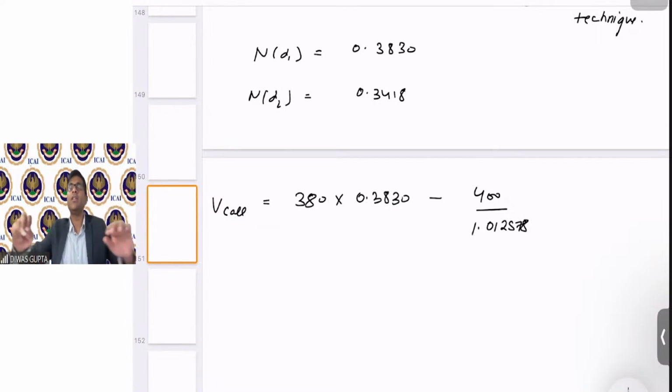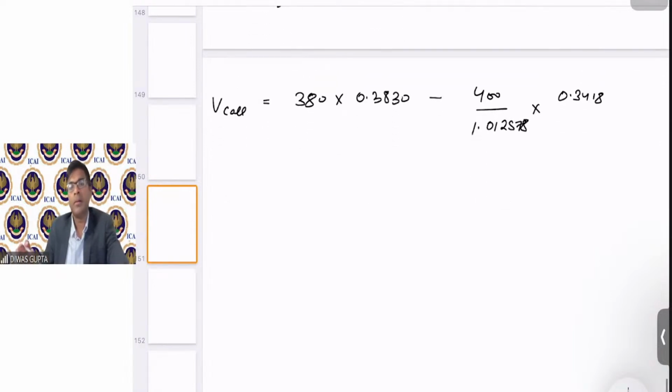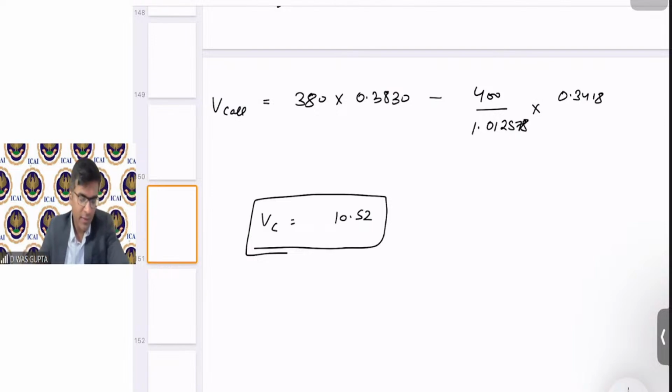This is e raised to the power 0.05 into 0.25. Correct? Into 0.3418, students. Correct? So the value of the call becomes 10.52, students. Can you see this?